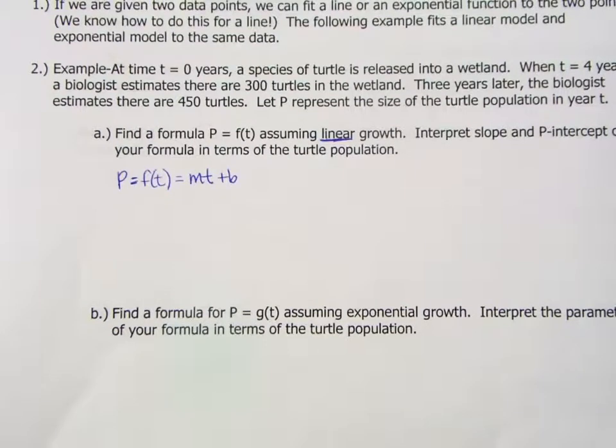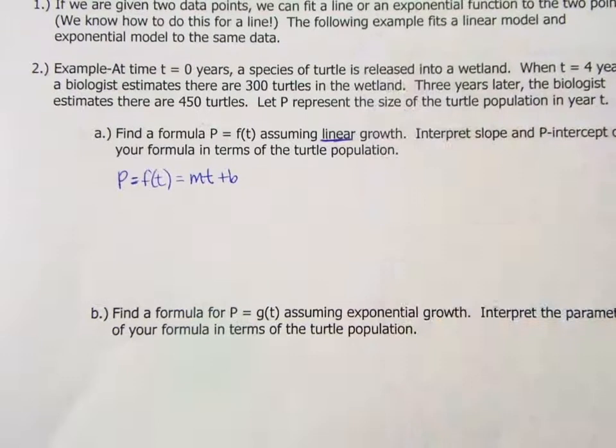Before we even do any of that, let's pull out from what we're given 2 ordered pairs. What is 1 ordered pair that we could pull from that information?